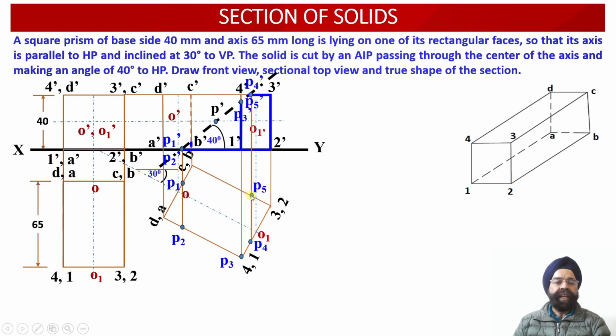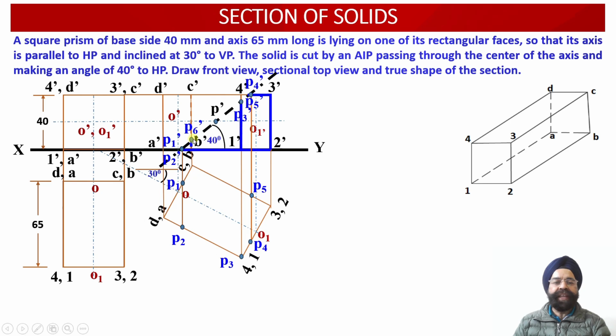Now the last point, as we move along, will be encountered on this vertical edge, that is CB. Where is this edge? It is this vertical edge CB. And in the front view projections we can check C'B' has been intersected by this cutting plane at this point.